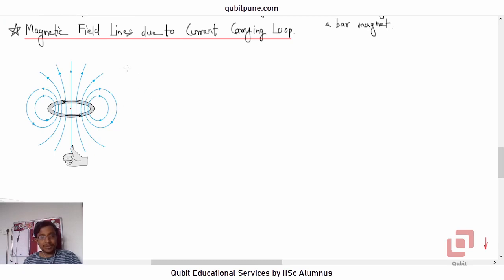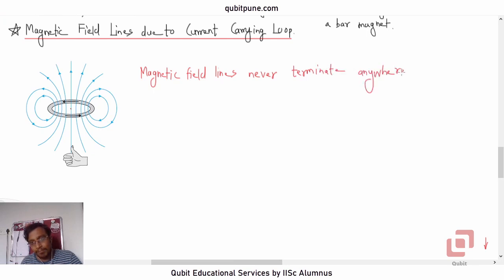Magnetic field lines always form closed loops. Magnetic field lines never terminate anywhere, and they never originate anywhere.